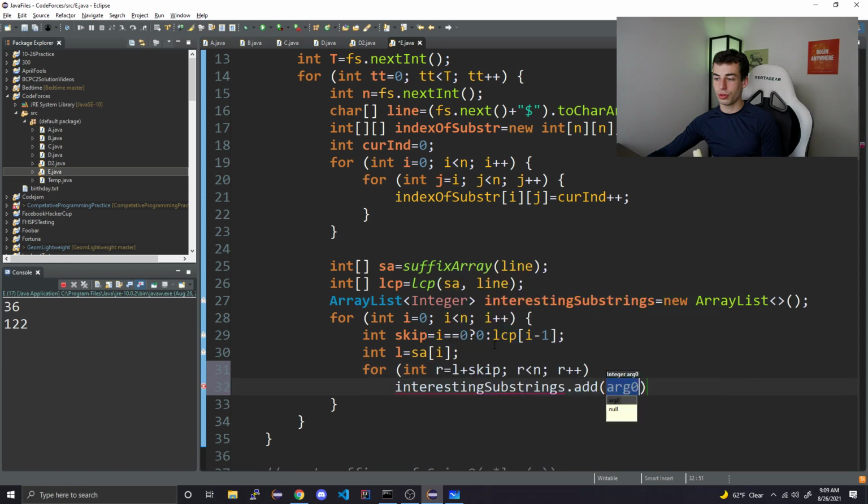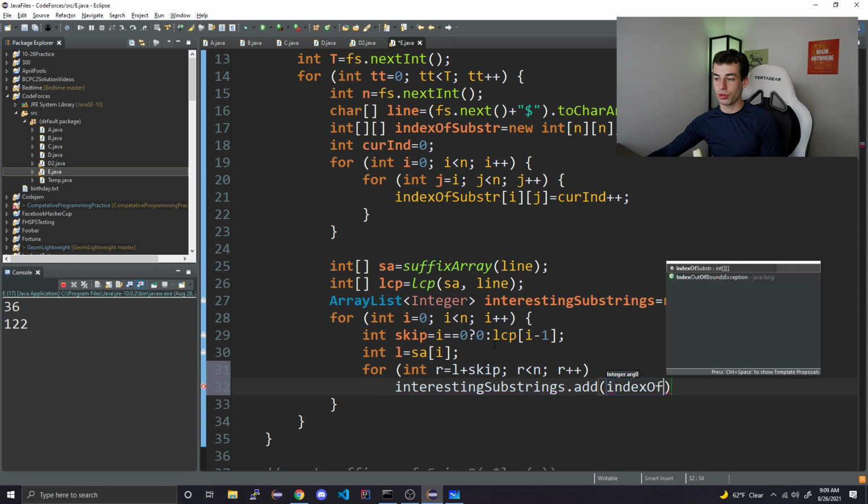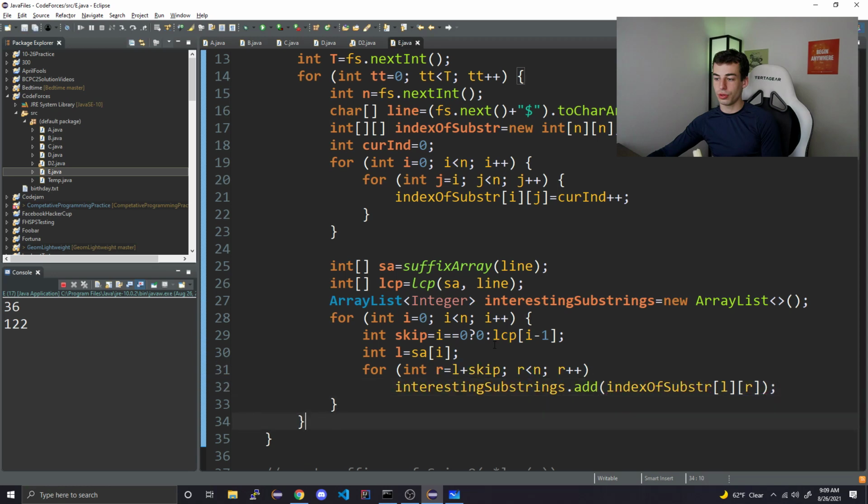Interesting, substrings dot add index of substring from L to R. So now we have, I guess we probably just want to mark this as the value of the substring. So we'll skip this for a moment.